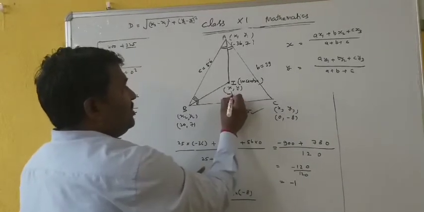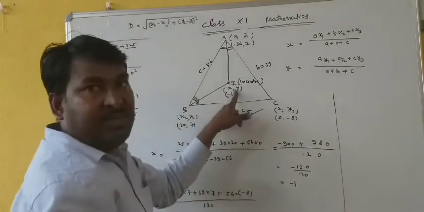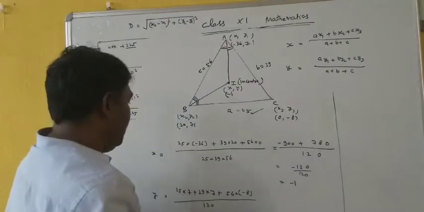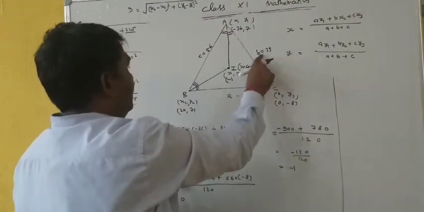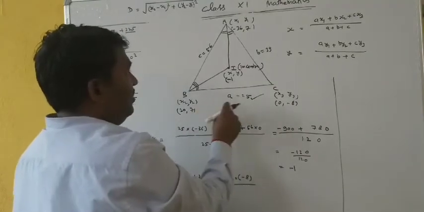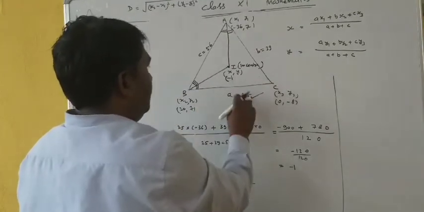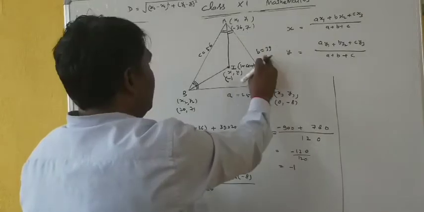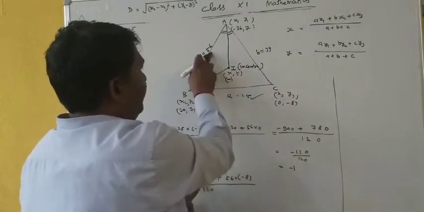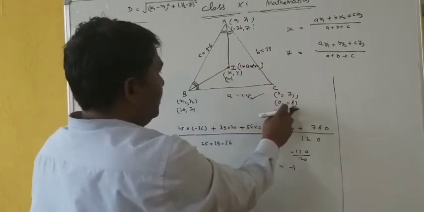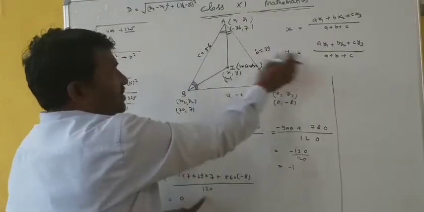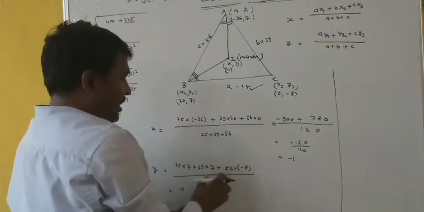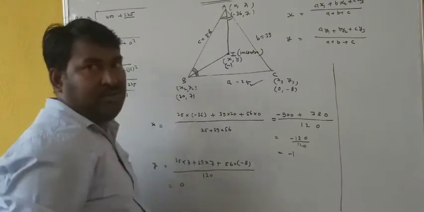So this is the x coordinate of the incenter. Similarly for y, 25 into 7 plus 39 into 7 and 56 into minus 8, with the y coordinates, upon a plus b plus c which is 120, and if you solve this you will get 0.